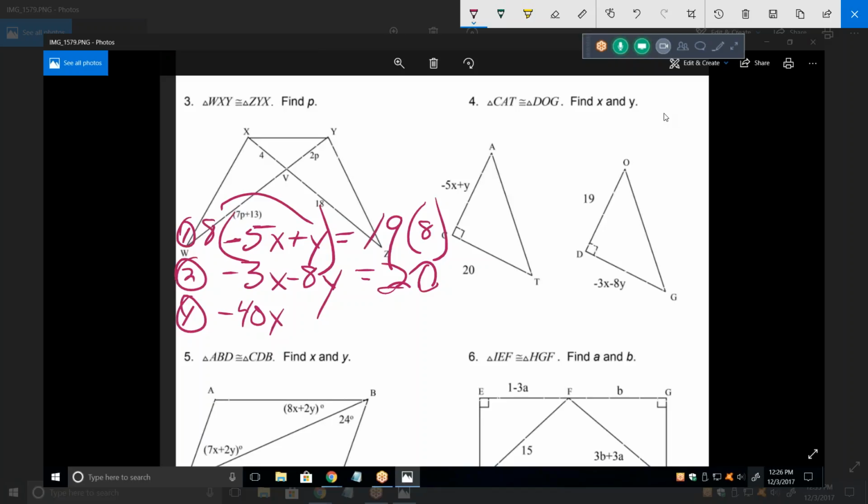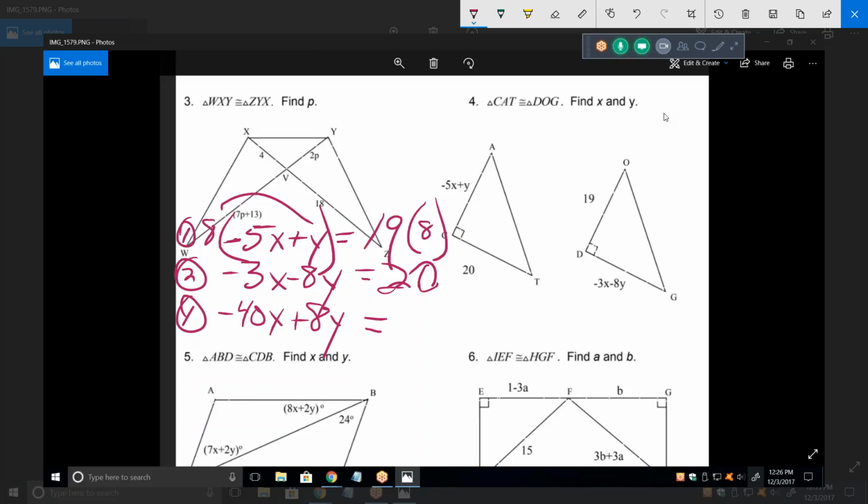Multiply 8 by the y: 8y. Okay, that's key. That means we're going to be able to add these two equations and y is going to get eliminated. That's the whole reason we're multiplying equation 1 by 8, so that I can eliminate the y variable.